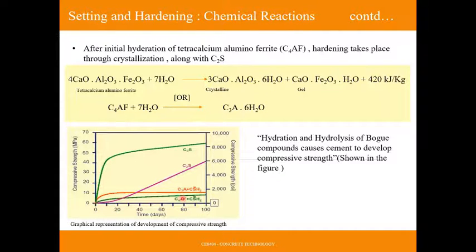The tricalcium aluminate and tetracalcium aluminoferrate are just responsible for the stiffening purposes. Here we can see that the setting is due to the tricalcium aluminate and tetracalcium aluminoferrate, whereas hardening is due to the tricalcium silicate and dicalcium silicate.